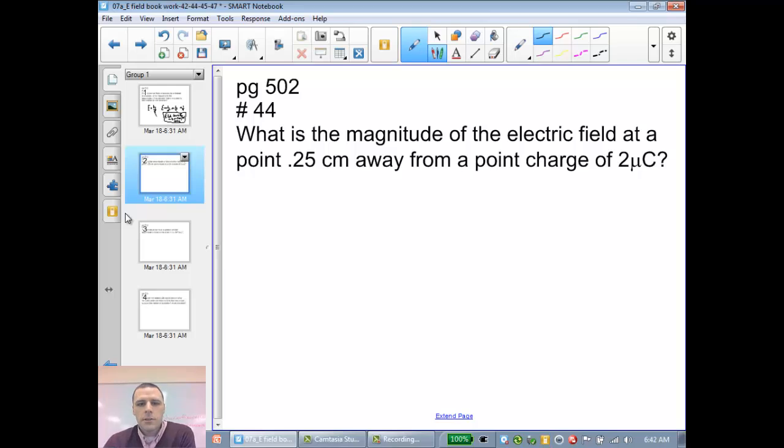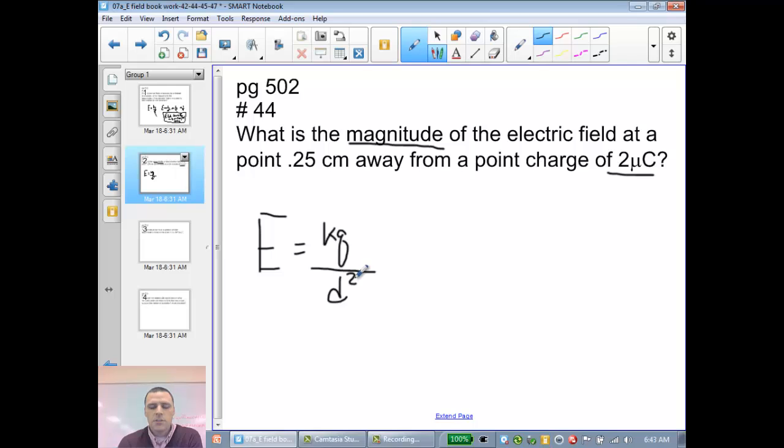Number 44 states, what is the magnitude of the electric field at a point 0.25 centimeters away from a point charge of 2 microcoulombs? Again, we're trying to find the magnitude of an electric field knowing something about a charge. Our basic equation is E equals K Q over D squared.